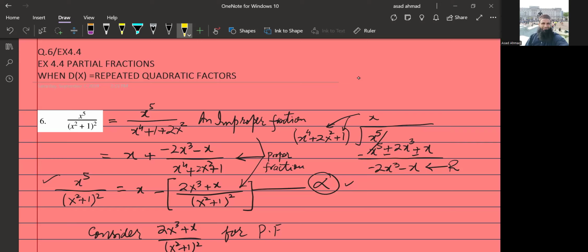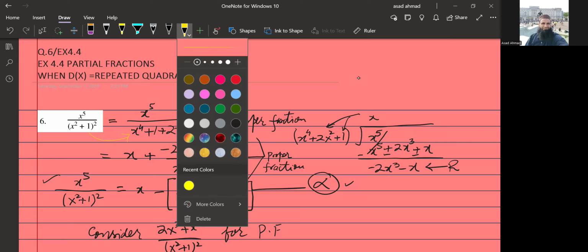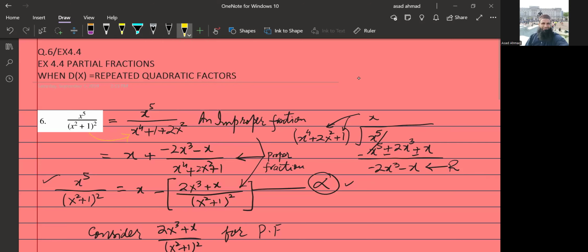So x raised to power 5 is written in the numerator, and in the denominator after the expansion, we will notice that x raised to power 4 will be mentioned over there. So this is the difference from the other questions within the exercise, that this question is basically an improper fraction.